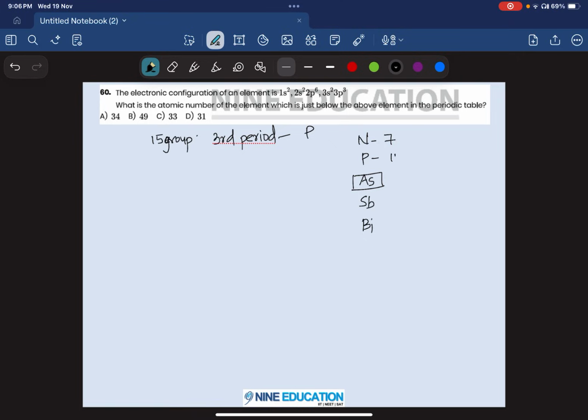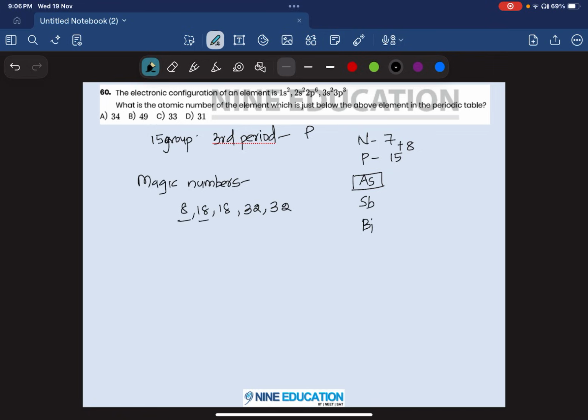Atomic number of phosphorus is 15. Nothing but it is 7 plus 8 is 15. And here, remember, the magic numbers in case of the P block, entire P block. The magic number order we need to follow is 8, 18, 18, 32, 32.